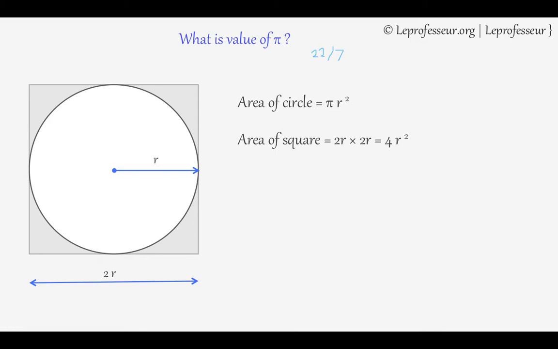Think intuitively about what we can do. Let's say we throw some small balls. We generate these balls randomly, and we have enough balls, and we throw them such that every ball is inside this square.